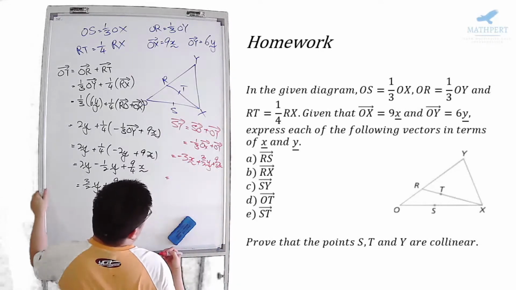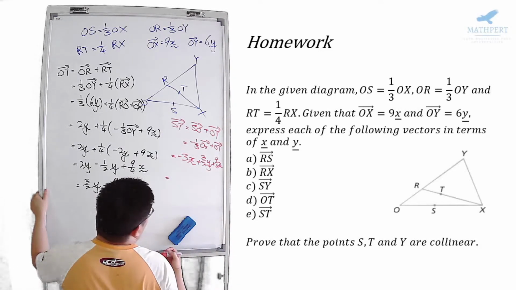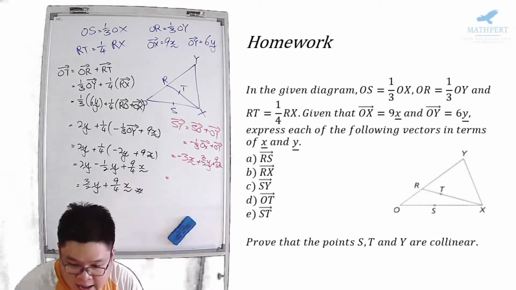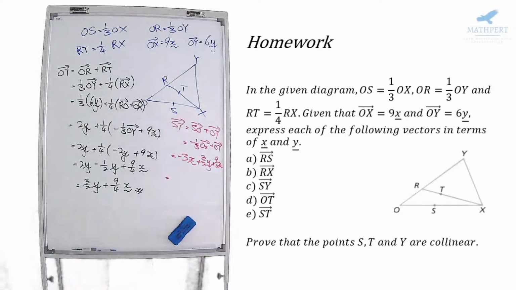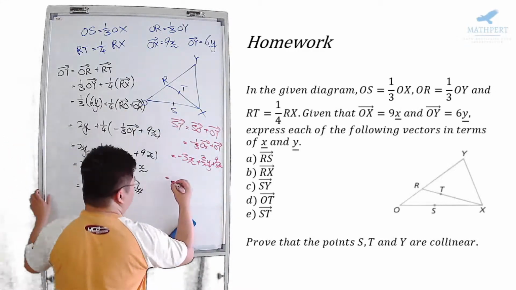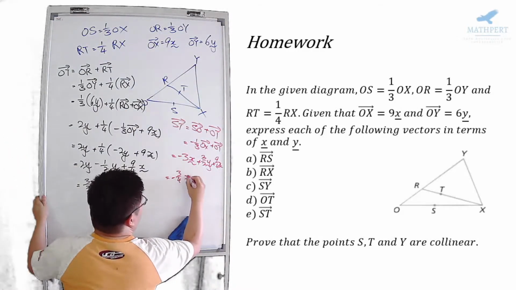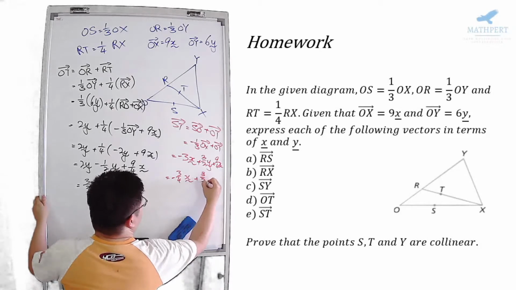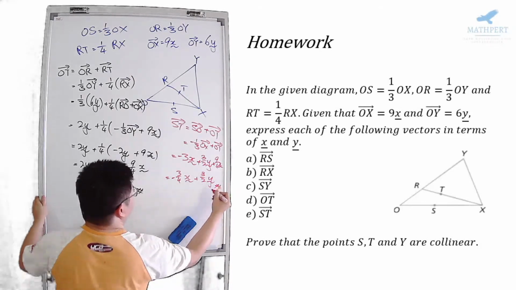So the answer will be negative 3 plus 9 over 4 x, which is negative 3 over 4 x plus 3 over 2 y. Right?